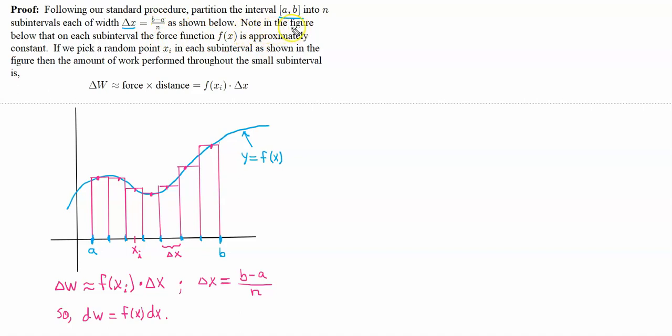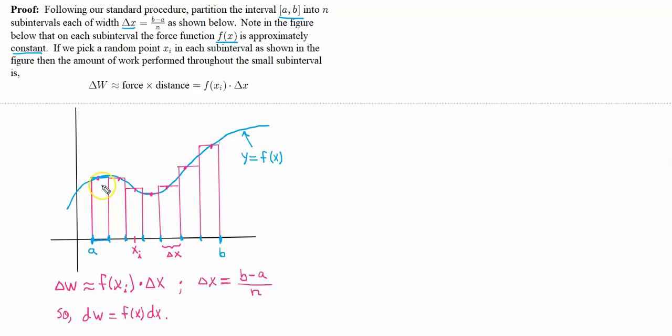Now take note in the figure below, on each subinterval the force function f of x is approximately constant. If you look at this first little subinterval right here, you see how your blue force curve is pretty much constant. It's pretty much straight like that.